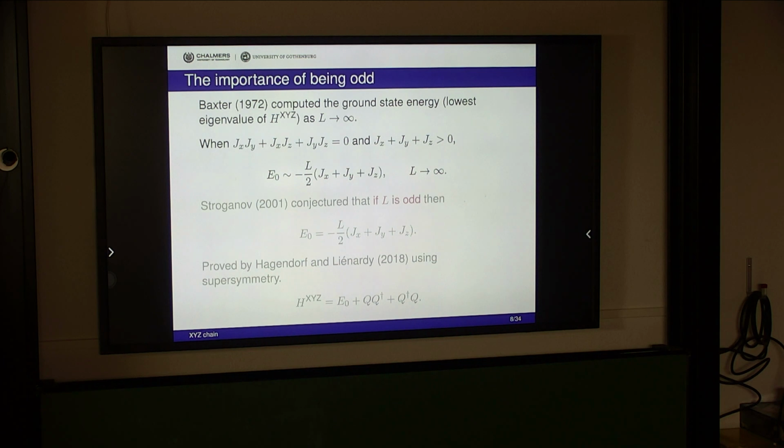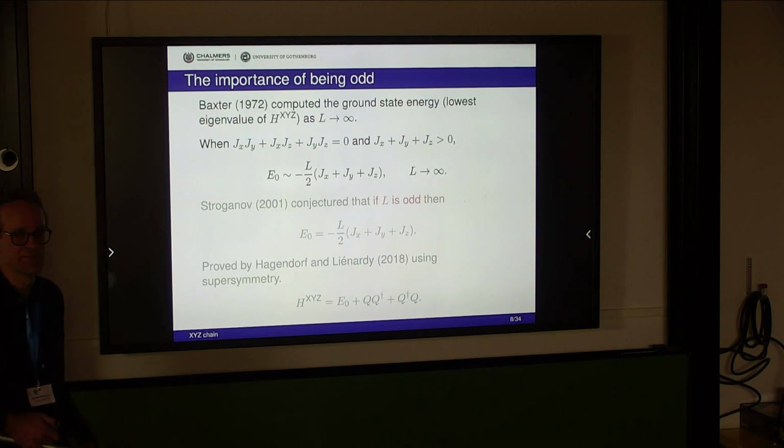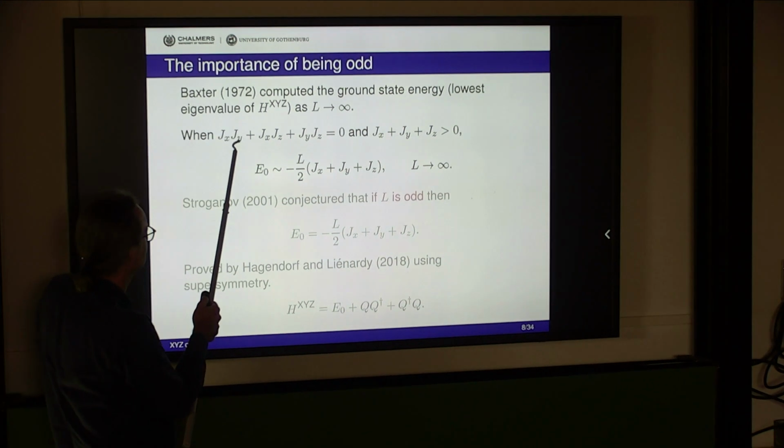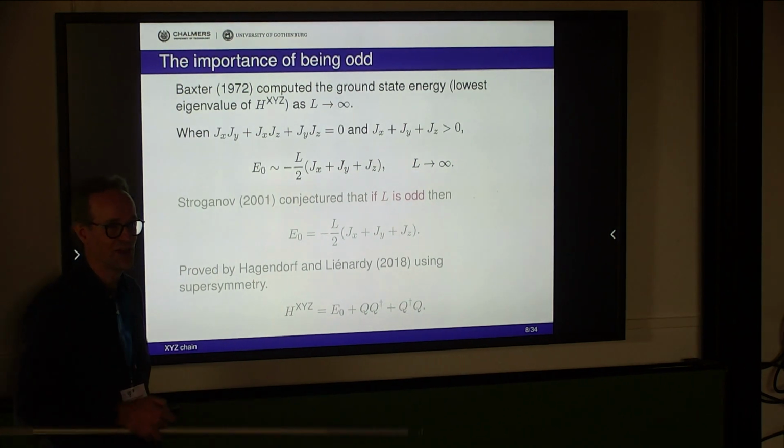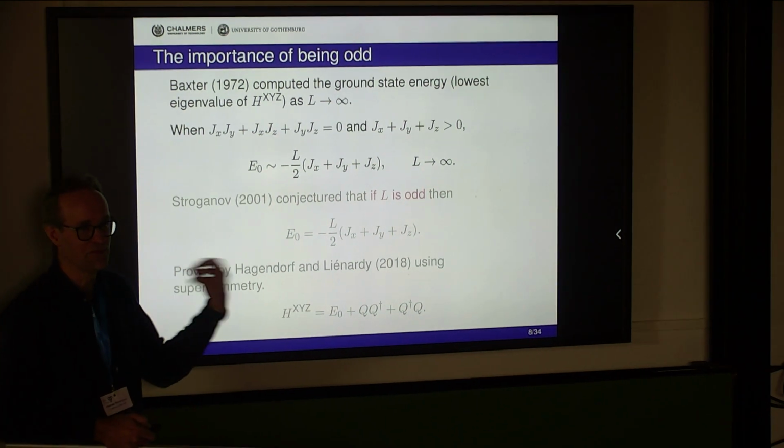This is very famous: in 72 Baxter solved the XYZ spin chain in the sense of computing the free energy, or the asymptotic of the lowest eigenvalue of the Hamiltonian. And his expression is not simple. It's an infinite series. But it turns out that if you have this condition, then all terms in this infinite series vanish except the first one.